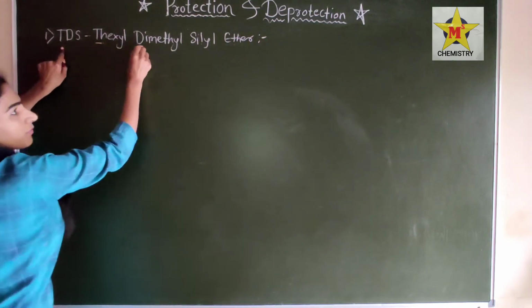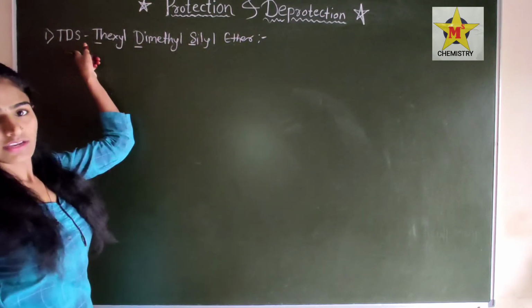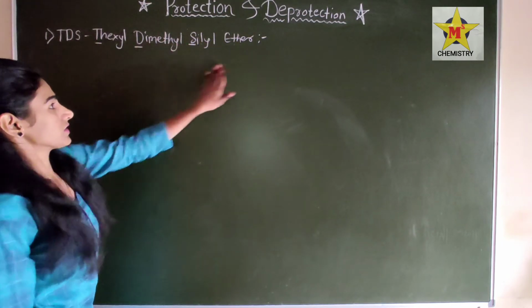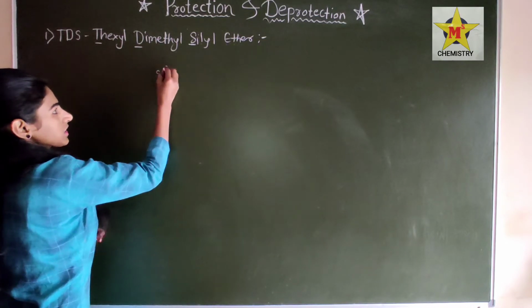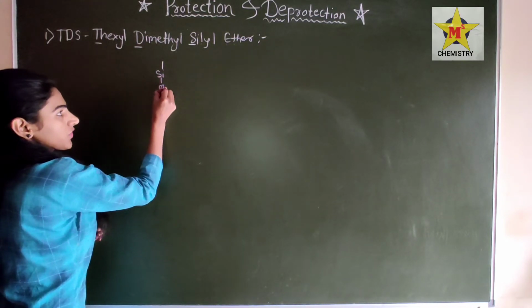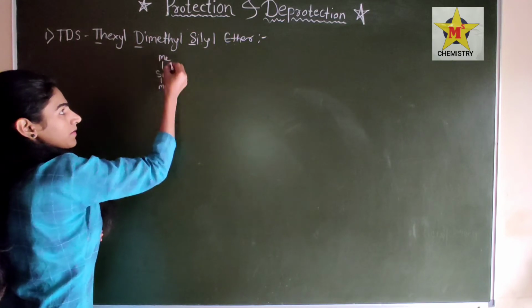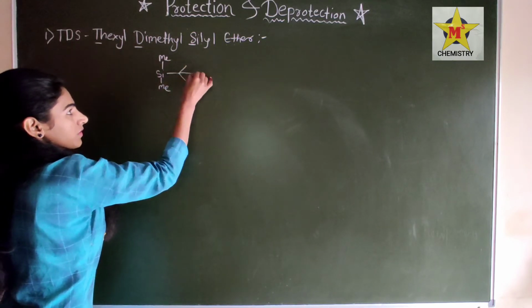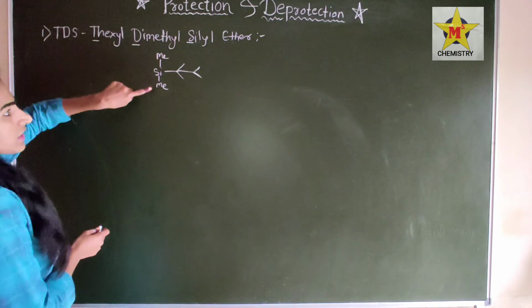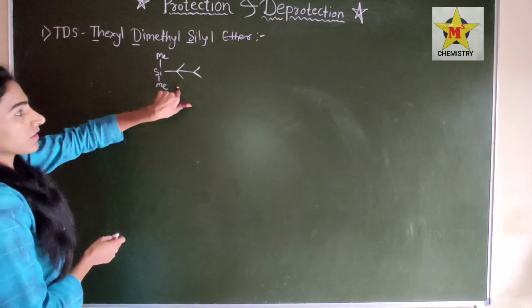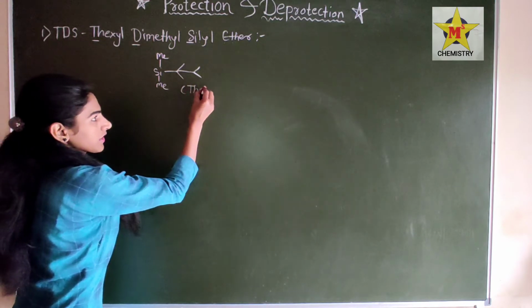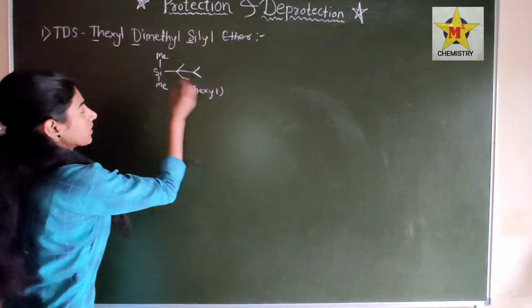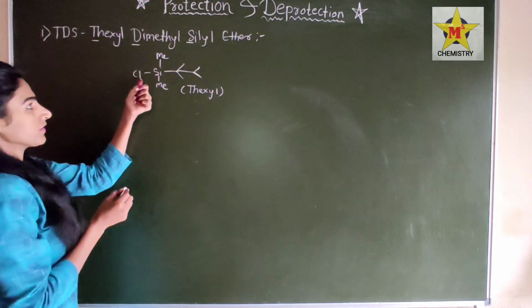The structure of this thexyl dimethyl silyl ether is like this: silicon, two methyl groups are there, and this one is the thexyl group, and here is chloride.